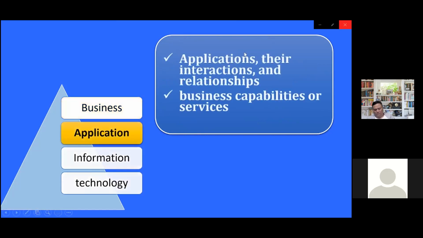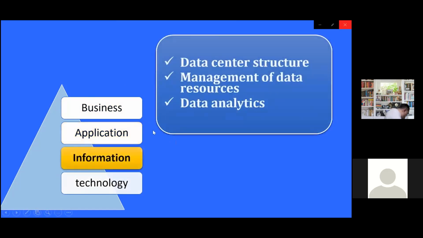Next is the application. The application covers the interactions and relationships, business capabilities, or services. Next is the information. This mainly pertains to the data, the data center structure, management of data resources, and data analytics.